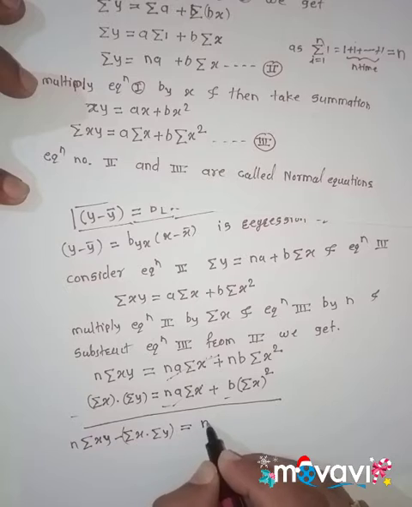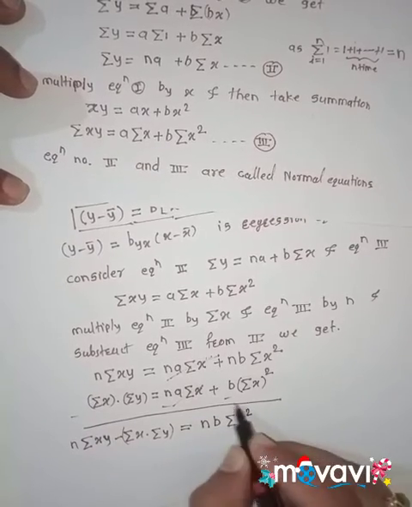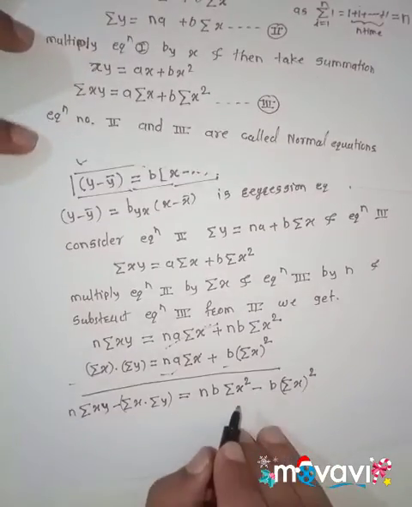So here nb summation x square minus b summation x bracket square.